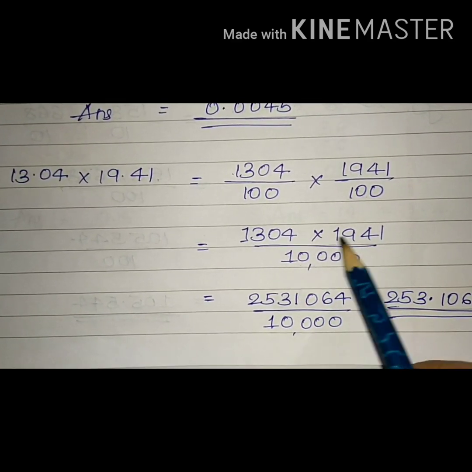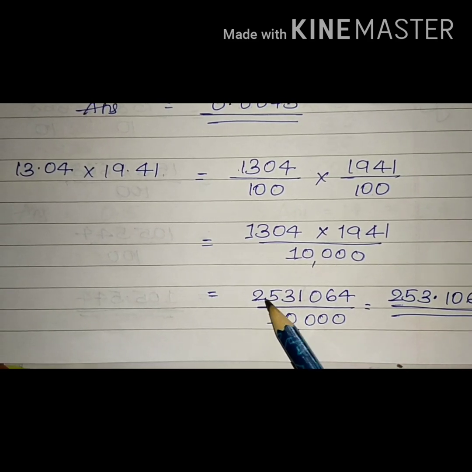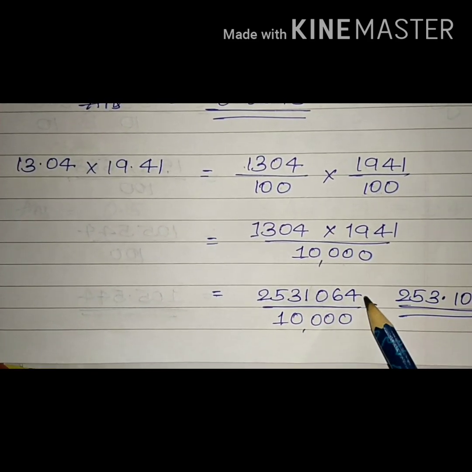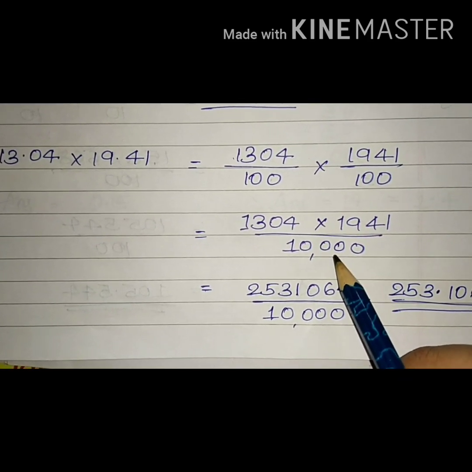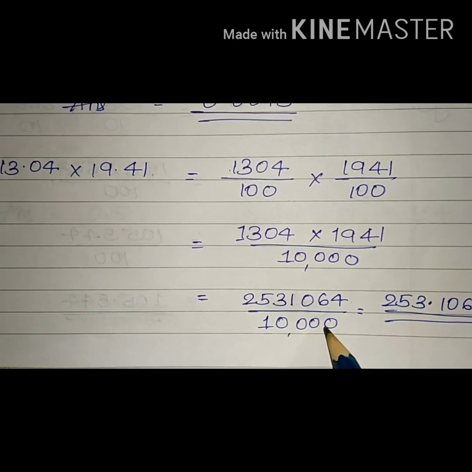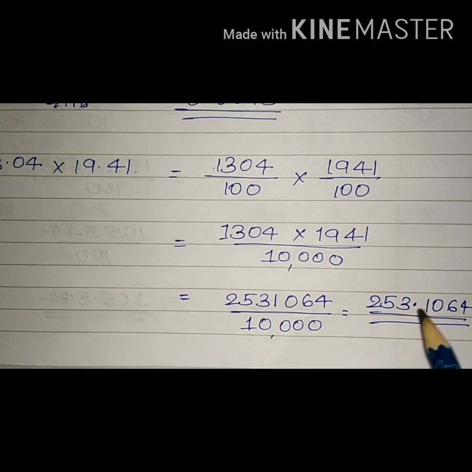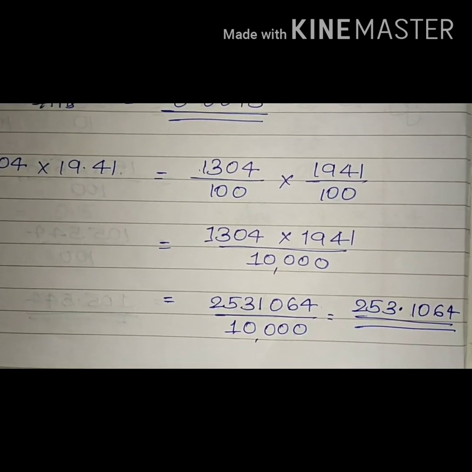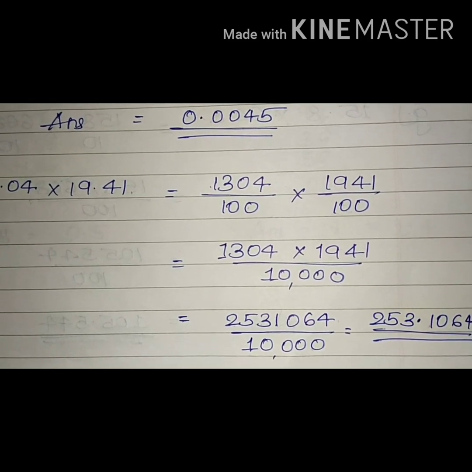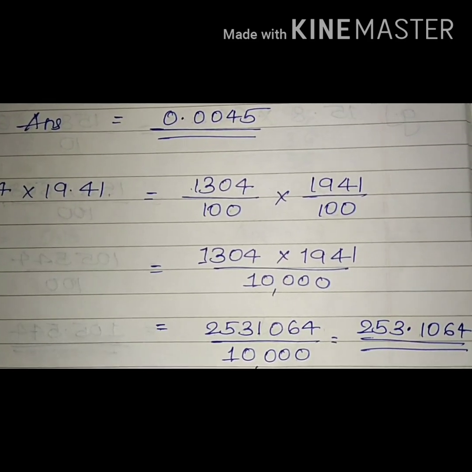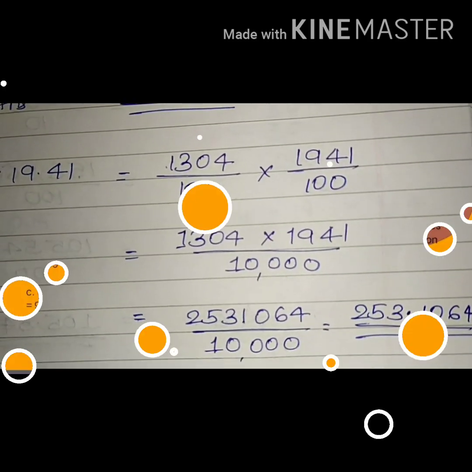When I multiply the numerators, I get 2531064, and the denominators, when multiplied, give again 10,000. So I give the decimal point in the answer after 4 decimal places from the right. So I get the answer as 253.1064.